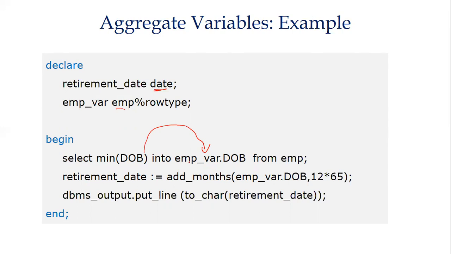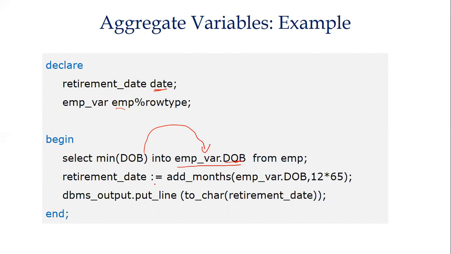Yes, sir. So minimum date of birth will provide you the minimum value of the date of birth, and then it will be stored in this emp variable. Then we have associated the column, so it becomes the column type of whatever the type of the date of birth is, because the emp variable is a row type, which can have multiple types, but if you want a specific type, we specify the column name. Is that okay?